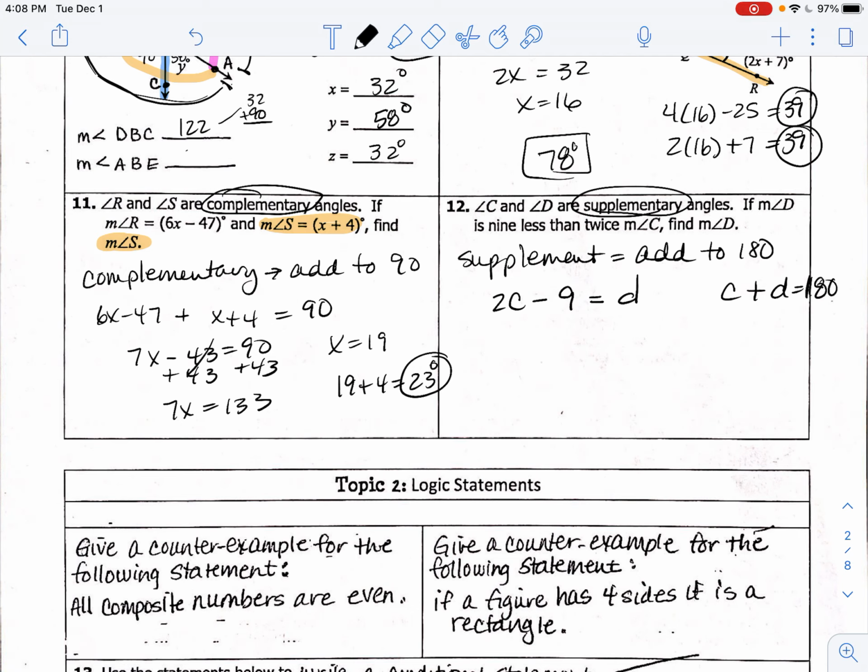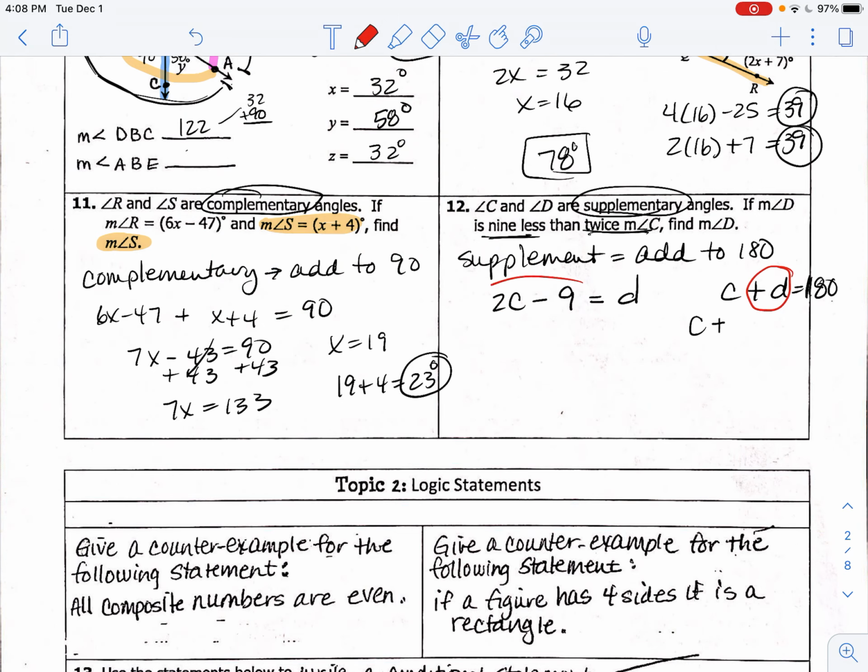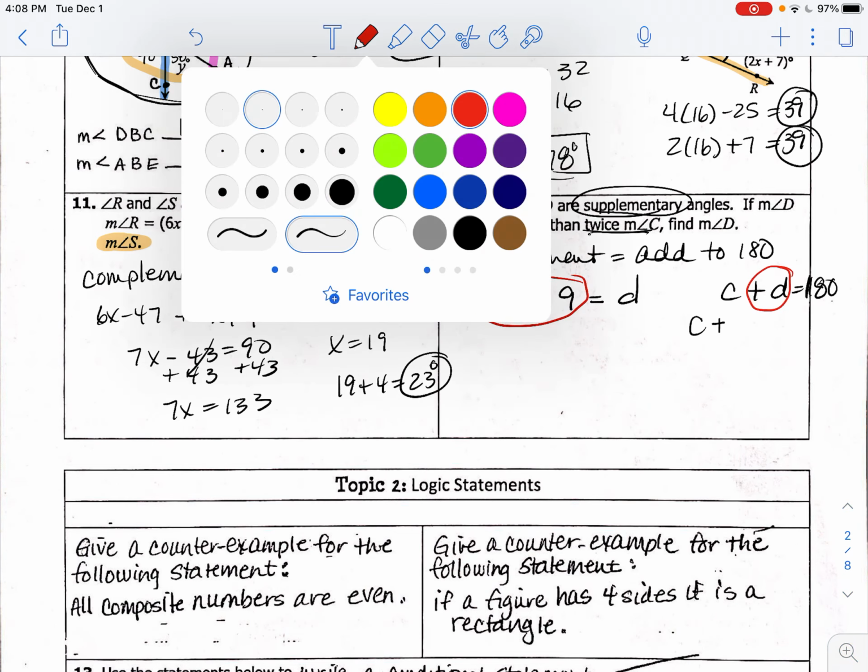That's what supplementary means. The measure of angle D is equal to 9 less, that means we're subtracting 9, twice the measure of angle C. So here's the 2C minus 9. Okay, so that means our D value in this equation, replace the D with 2C minus 9.